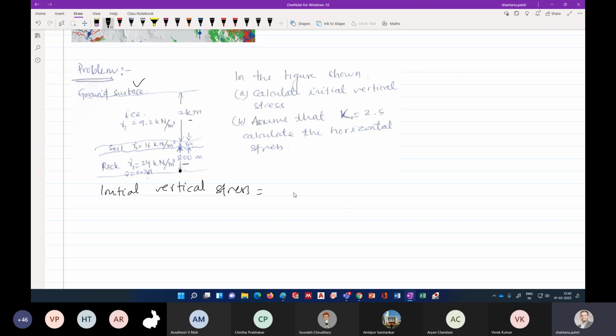So this initial vertical stress is the summation of gamma times z.